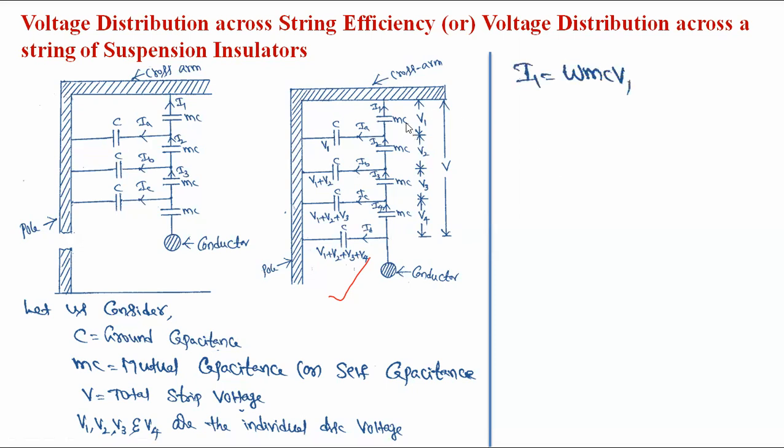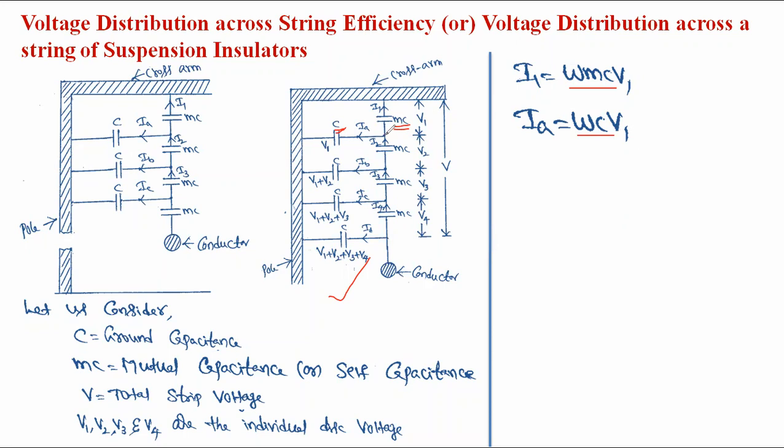Now, I1 is what? With the angular frequency W, and the capacitance, this is the mutual capacitance, represented by MC. With the disk voltage V1, that is WMC into V1. Next we can write IA, that is W, and the capacitance value is the shunt capacitance C, and the voltage here is V1.